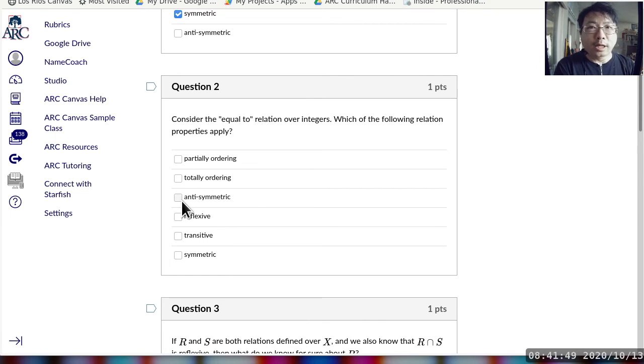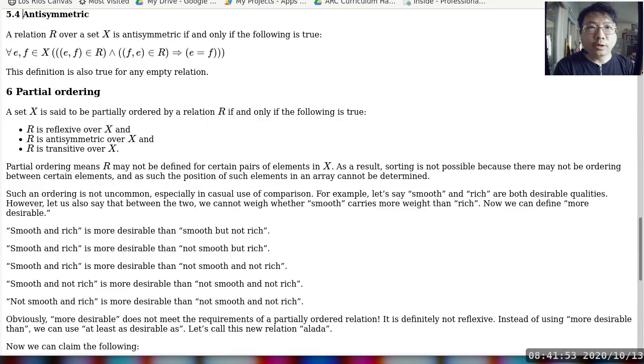Going back to the definition, when you're looking at an implication, the only tricky case is having the left-hand side true and the right-hand side false. In other words, can we find a case where (E, F) is in the relation and (F, E) is in the relation, but E and F are not the same? And the answer is no.